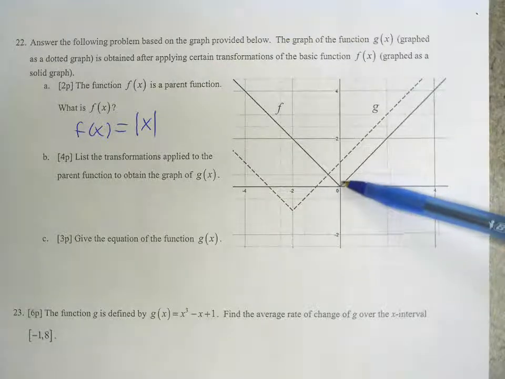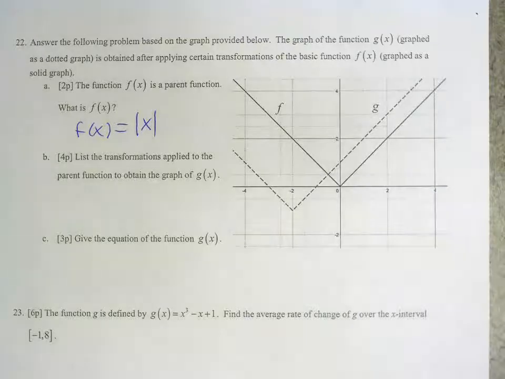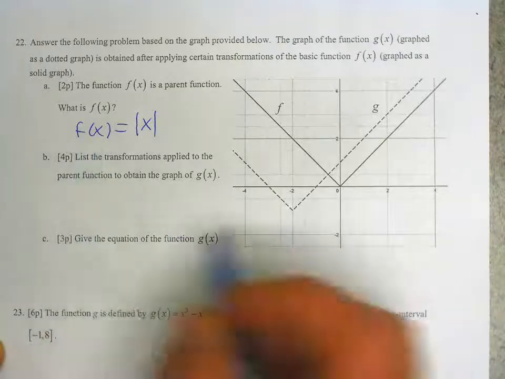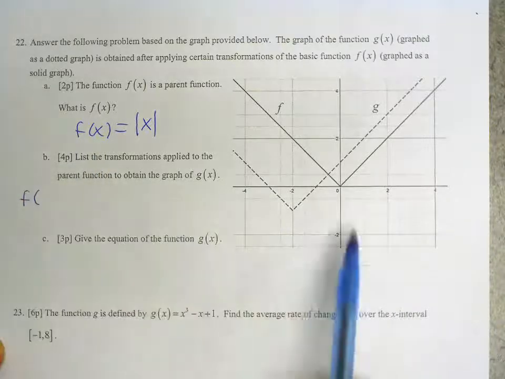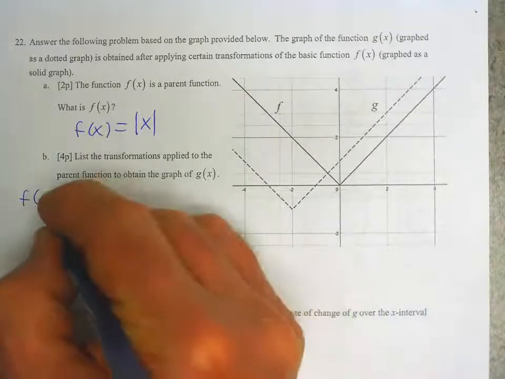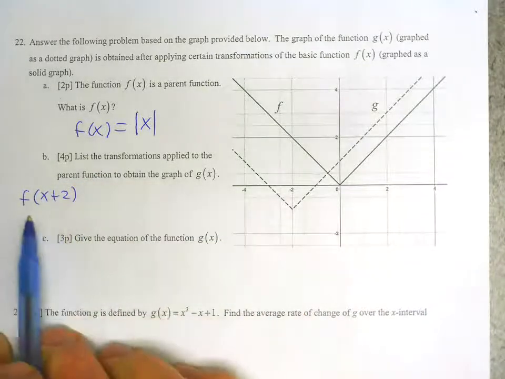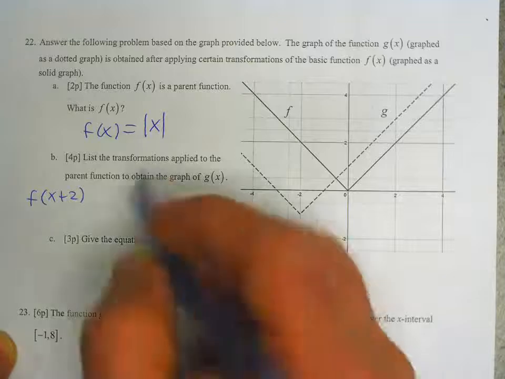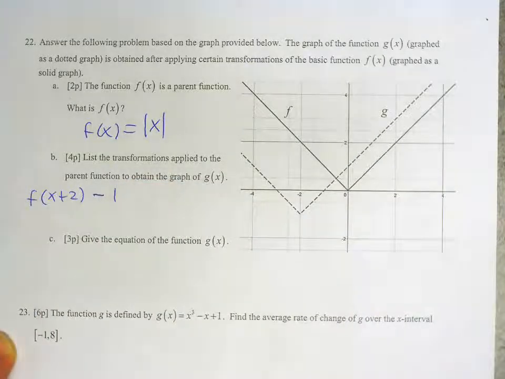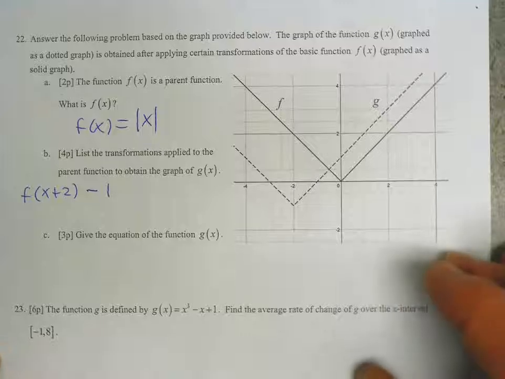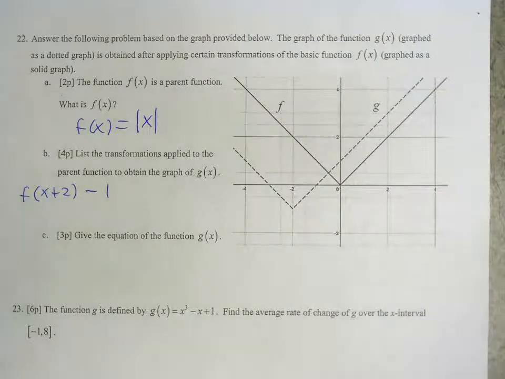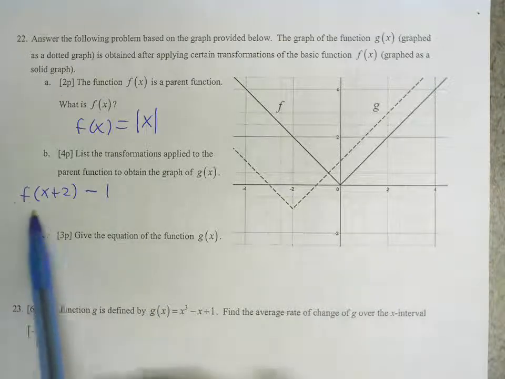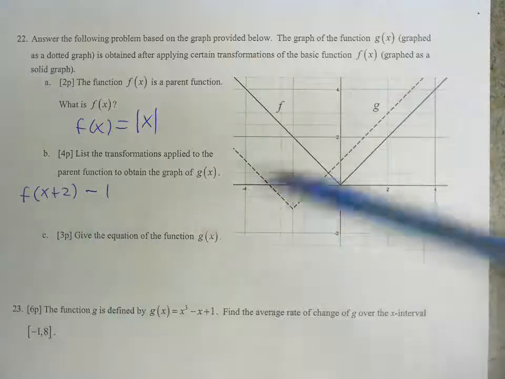So there's move to the left 2, move down 1. So using the function notation, if I write f of x plus 2, this means move the graph of f 2 units to the left, and then a vertical shift downward is minus 1. So I think this is an okay answer for that.